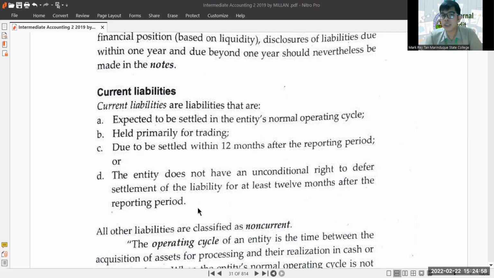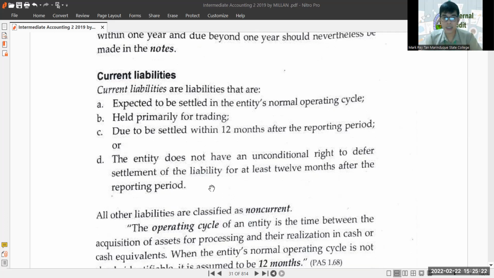Lapatan na lang natin siya ng example later or sa mga susunod na video para mas maintindihan natin siya. In the meantime, in this page, what we are presenting is there are 4 criteria for the liabilities to be classified as current.